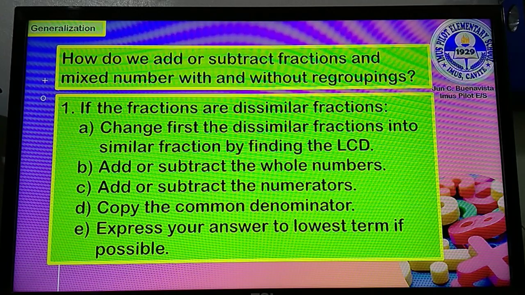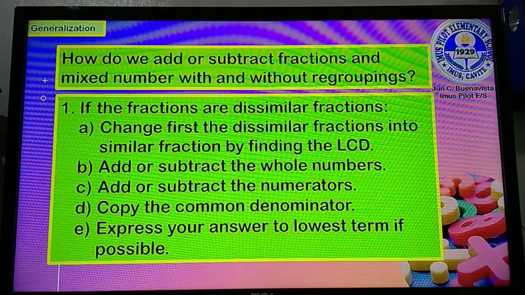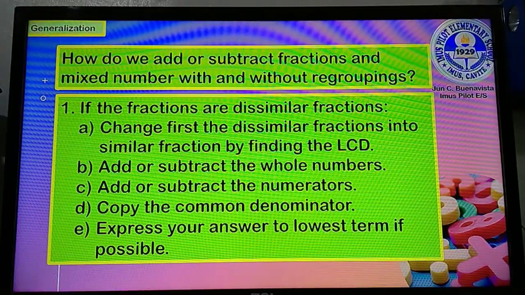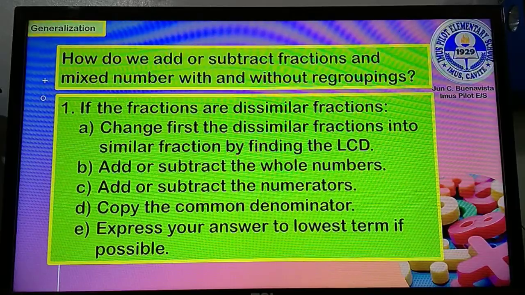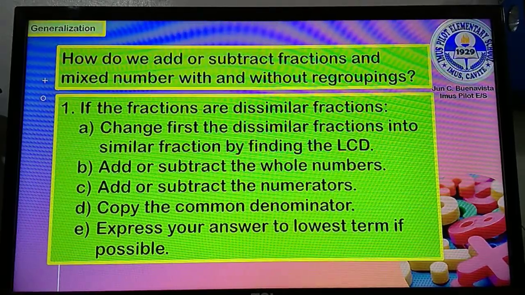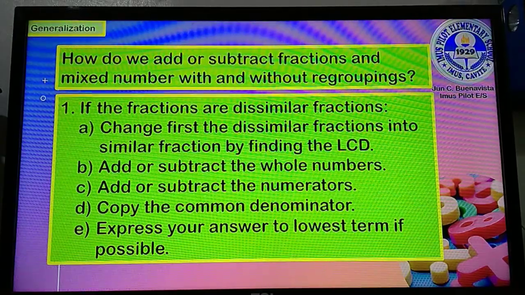Then after you change your fraction to a similar form, add or subtract the whole numbers if it has a whole number. Then add or subtract only the numerators. Then copy the common denominator, then express your answer to lowest term if possible.